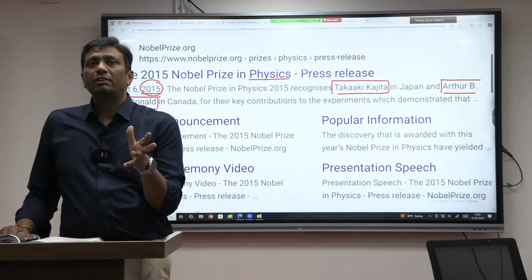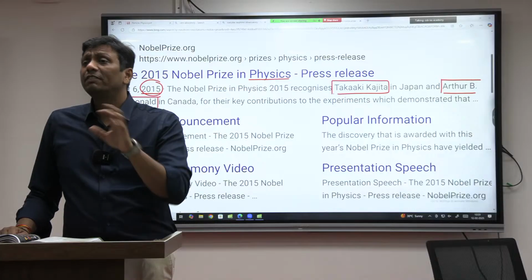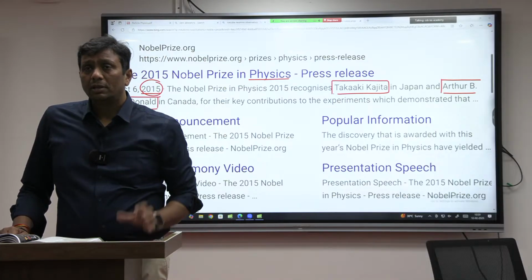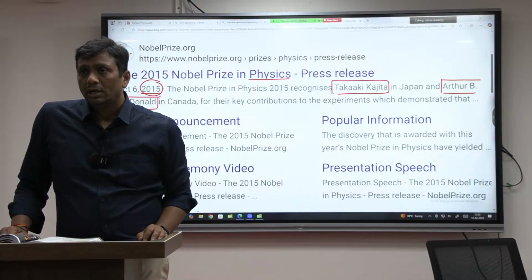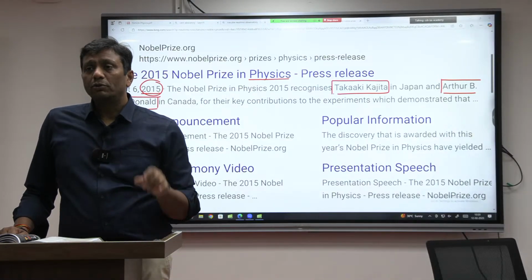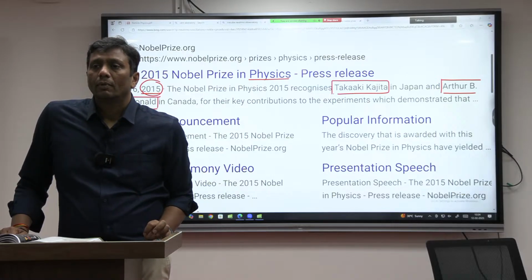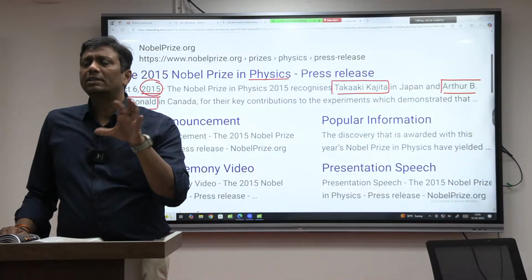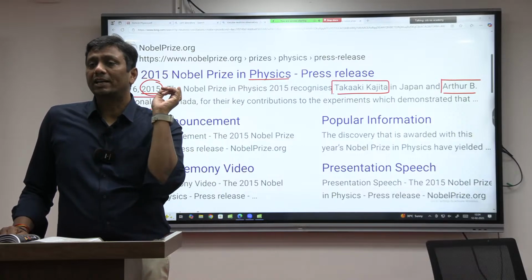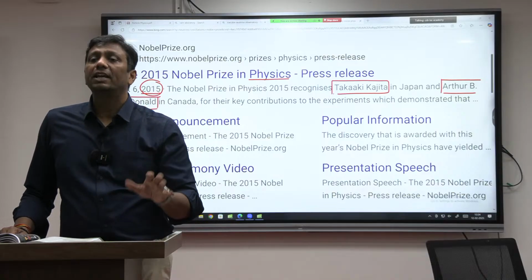Different types of neutrinos come towards the Earth, with different names, and whenever they come they also change between types. It means neutrinos have some mass and energy. I've given you a superficial idea of the experiment performed by these two scientists, and for that, in 2015 they were awarded the Nobel Prize in Physics.